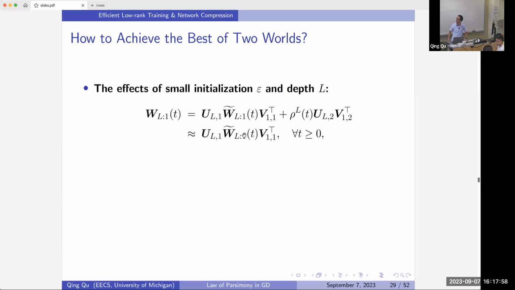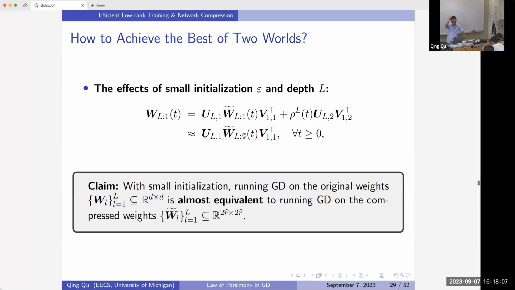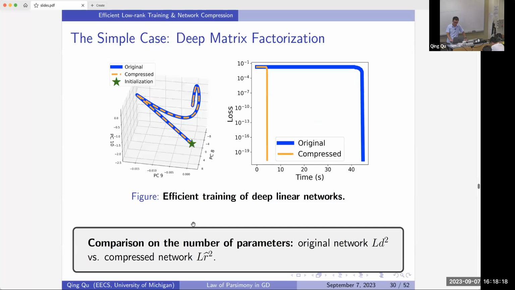Then essentially when you update the weights, you are just updating them in a small subspace. The claim is that running gradient descent on the original weights is almost equivalent to running gradient descent on the compressed weight parameters.